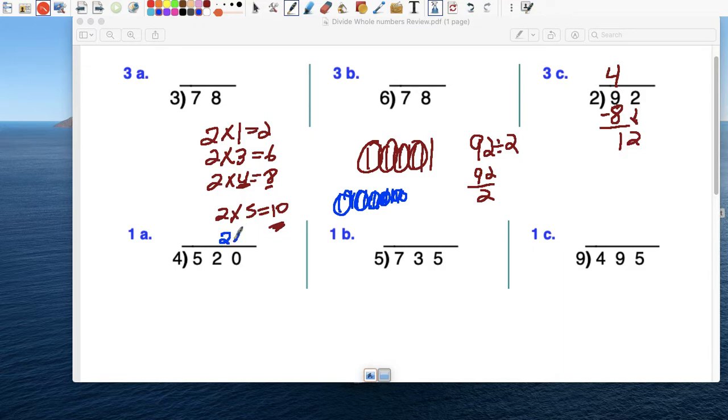Let's do 2 times 6. 2 times 6 is 12. 2 times 7 is 14. If I wanted to make 7 groups, I would need 14 sticks. I don't have 14 sticks. I have 12. So we can make 6 groups. 2 times 6 is 12, and exactly 46. So 92 divided by 2 is 46.